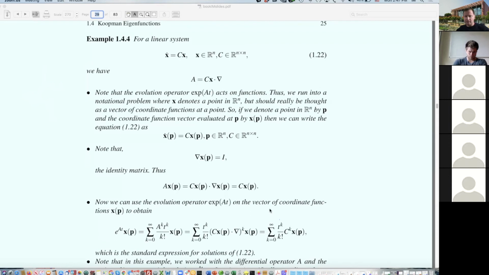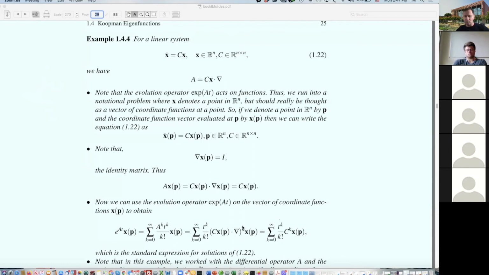That's A, applied k times, so on power k, acting on x. All right. So k goes from 0 to infinity. If k is equal to 0, this is 1, and this is 1, and this is 1. So what I get back is just x, right?